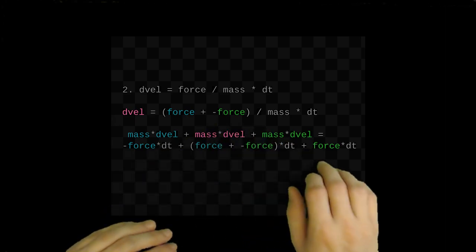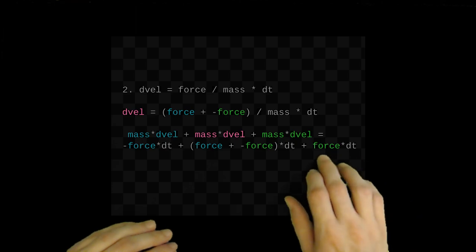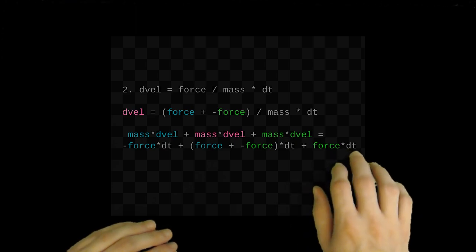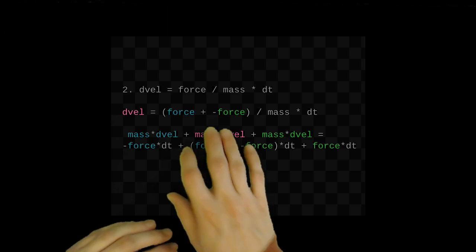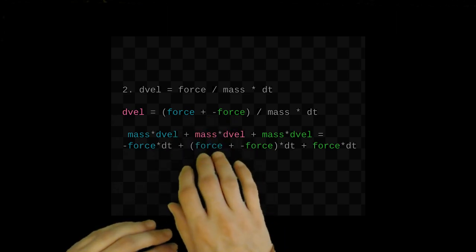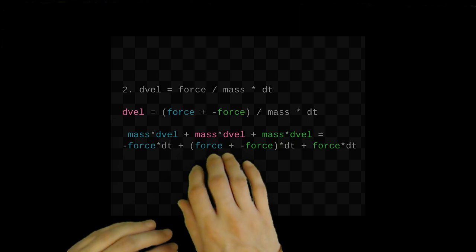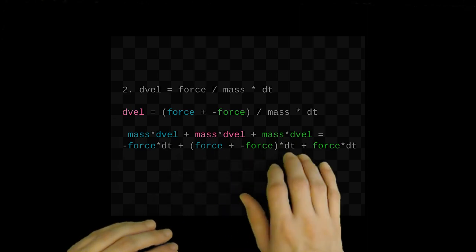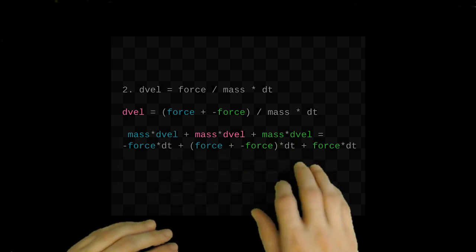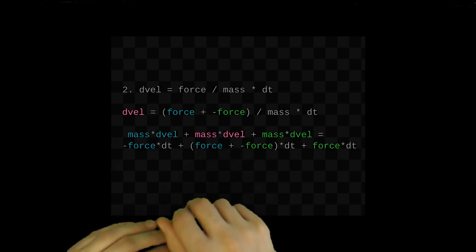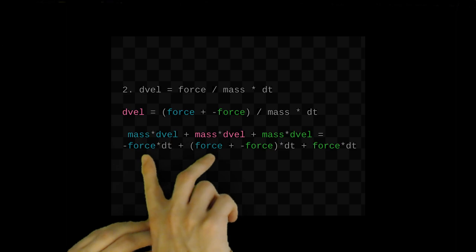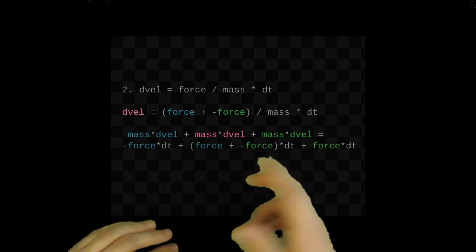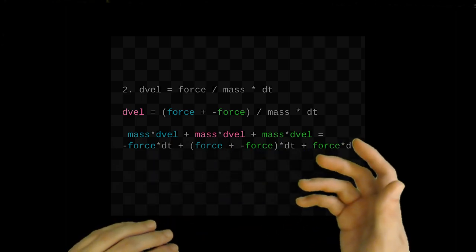For the green object, it's going to be the positive green force times dt. And for the red object, well, it's this thing that we were just talking about. It's going to be a positive blue force plus a negative green force times dt. And so, after multiplying this dt inside here, all of these things cancel out, right? The positive negative blue, the positive negative green, it all cancels out. It all goes to 0.